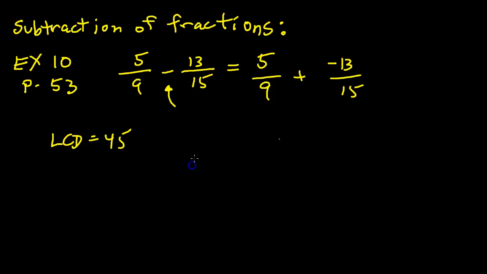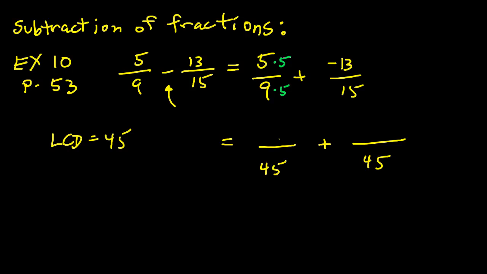Let me clean some things up here. All right, so we want to express these two fractions with my LCD as denominator. The LCD is 45, so I'm going to multiply in this first fraction top and bottom by 5, right?